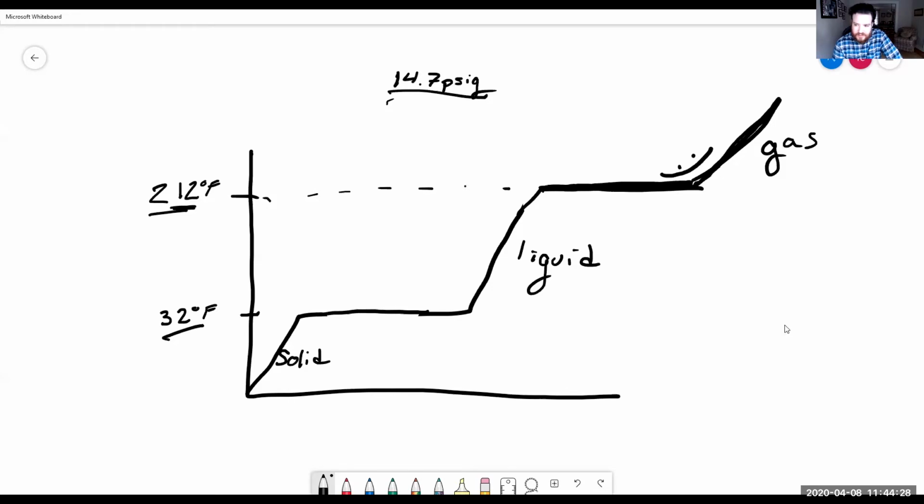What happens from this point on the scale to this point? What happens from point 1 to point 2? It goes from a gas-liquid mixture to just a full gas, or just completely gas.